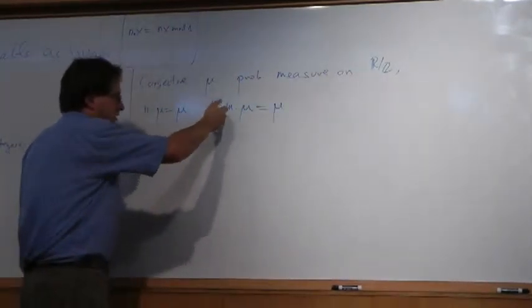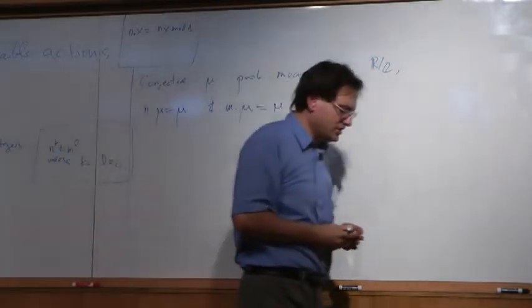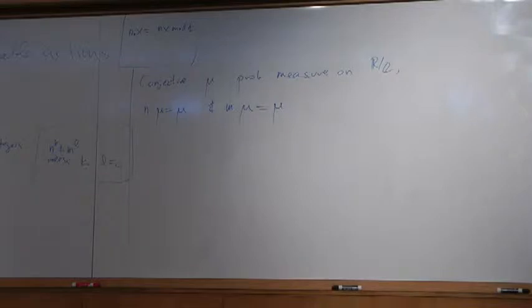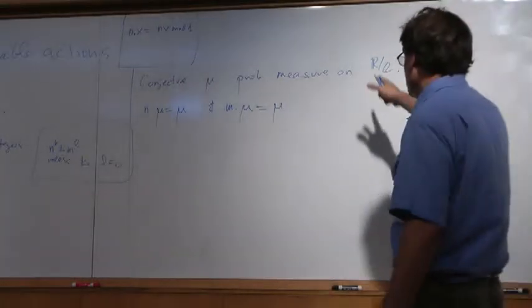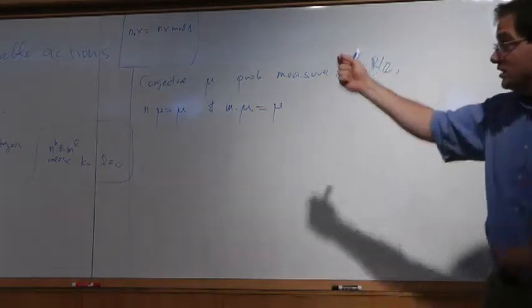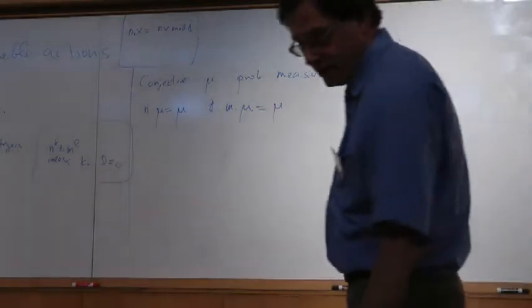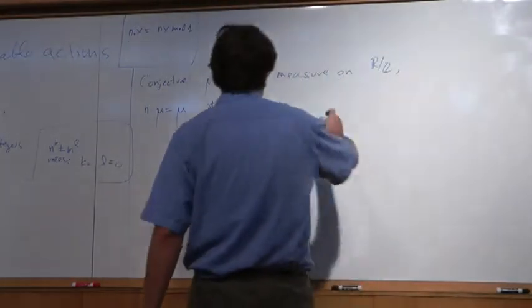So now this is a different action. Right now I'm looking at the action of the semigroup of integers on the collection of probability measures on R mod Z. But again, it's an action, so I use the same notation that I've used. n and m are again multiplicatively independent.